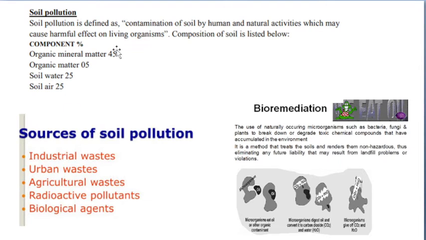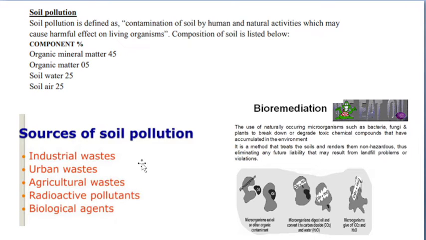So when pollution takes place, it will contaminate or pollute the soil, meaning the composition will alter, will change. Okay, so what are the sources of soil pollution?